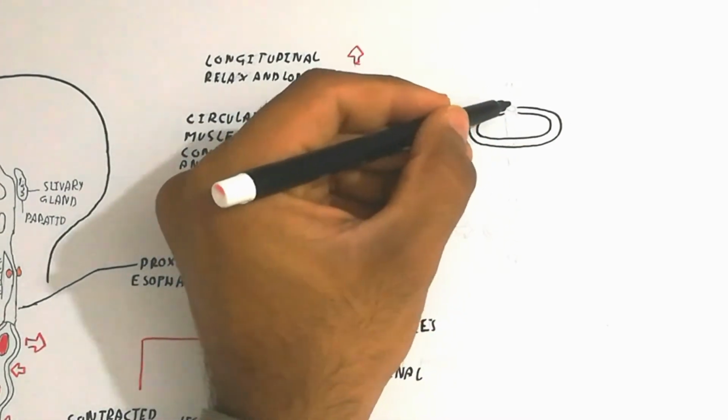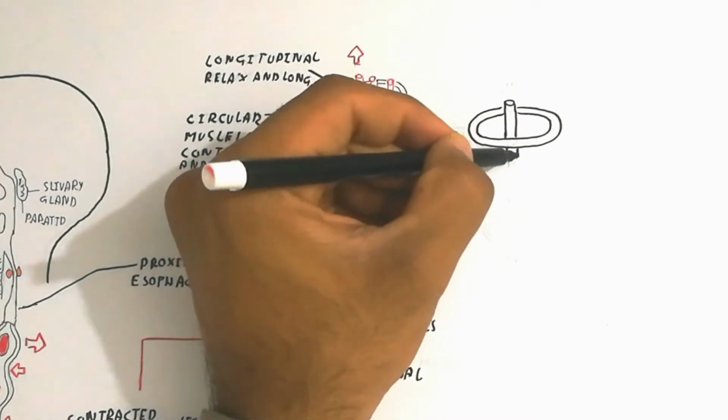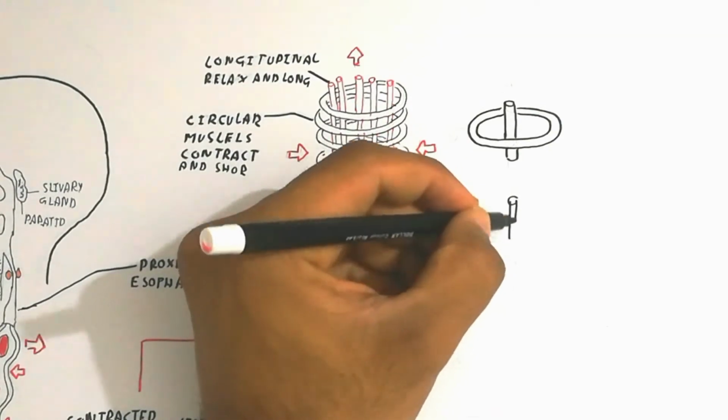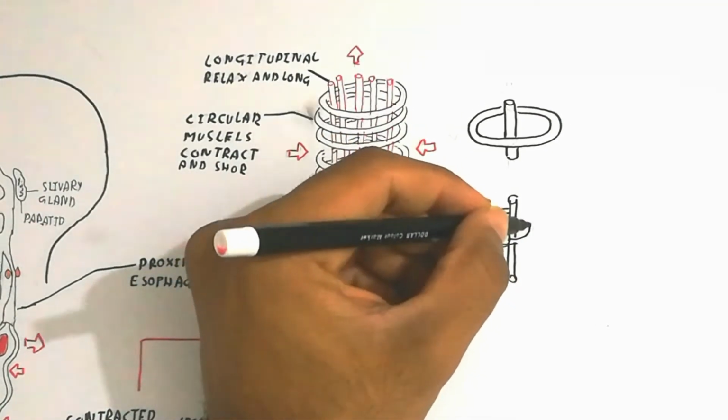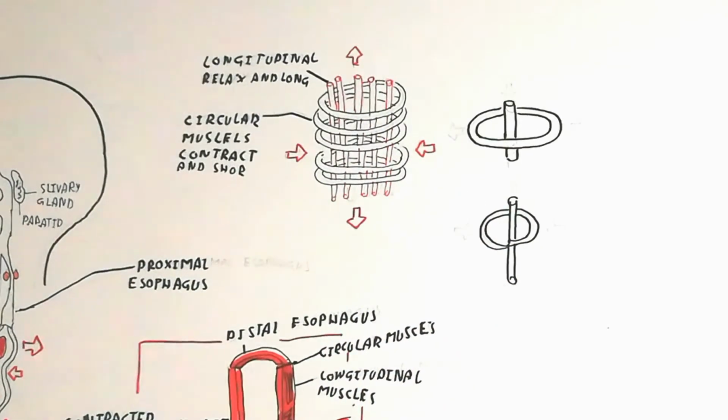And here I draw another diagram of circular and longitudinal muscle. So the circular muscle is relaxed and the longitudinal muscle contracts. If the longitudinal muscle relaxes and extends, the circular muscle contracts.